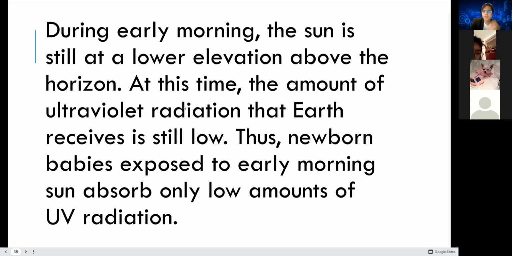It needs UV rays in order to be converted into vitamin D, and vitamin D is very vital in the absorption of calciferol or calcium.